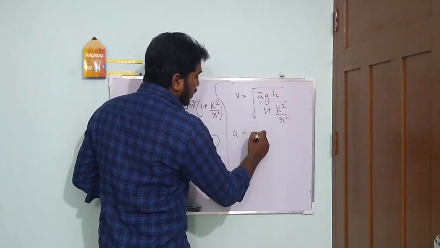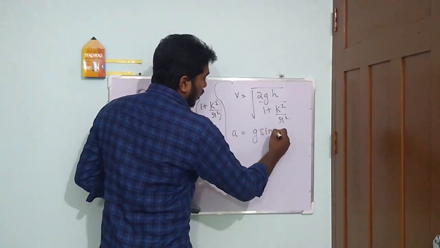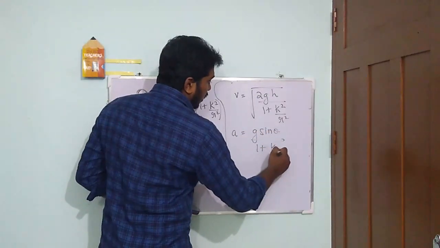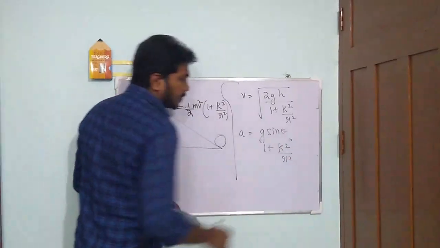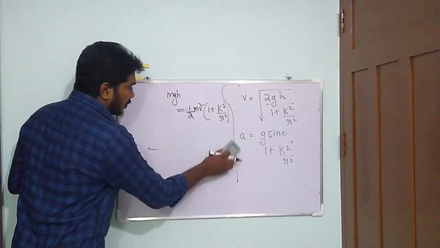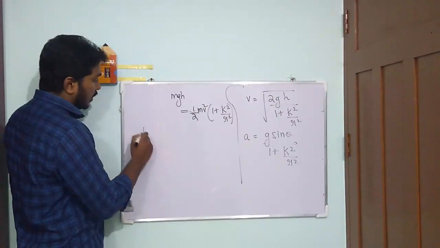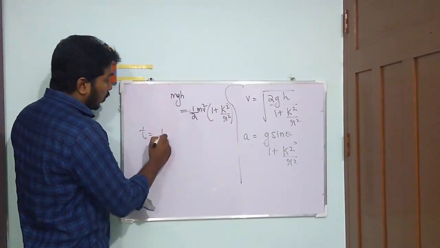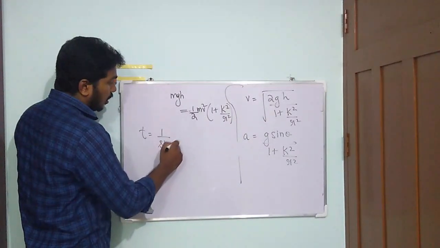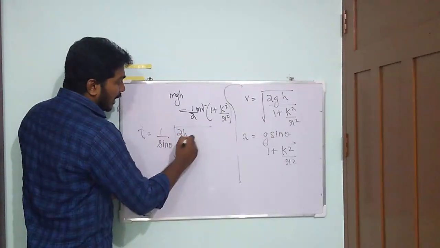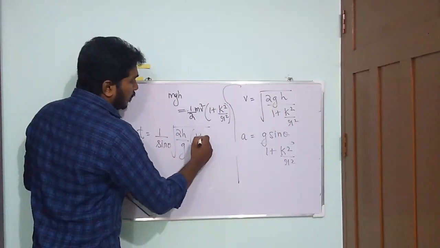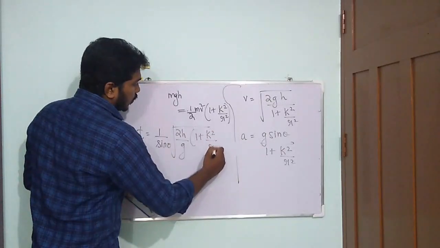Acceleration, you will get it as a is equal to g sine theta divided by 1 plus k square by r square. Similarly, the time of descent, you can write as t is equal to 1 by sine theta root of 2h by g into 1 plus k square by r square.